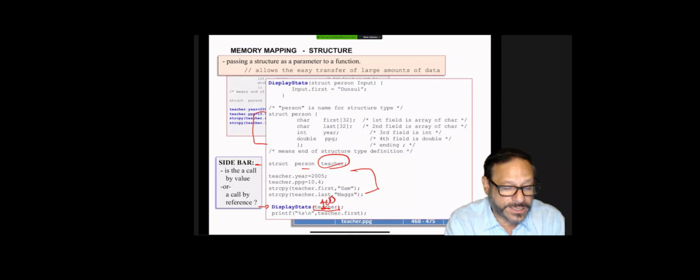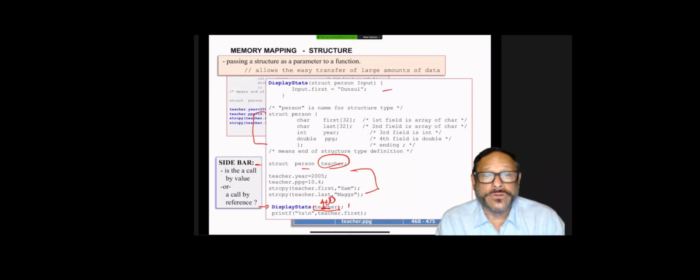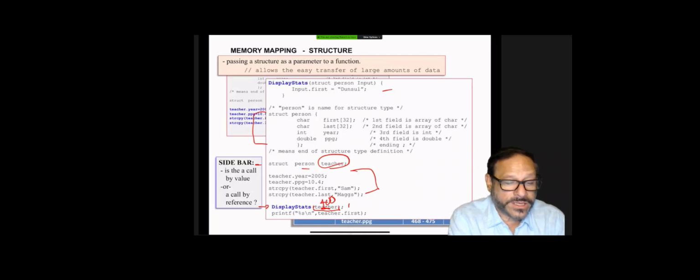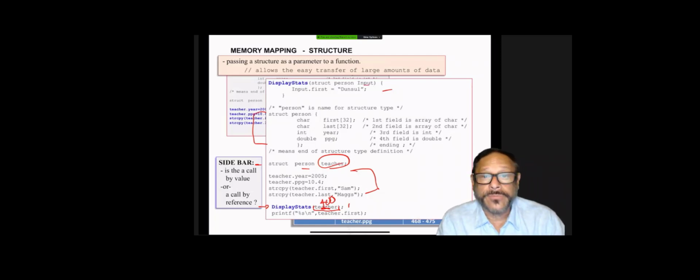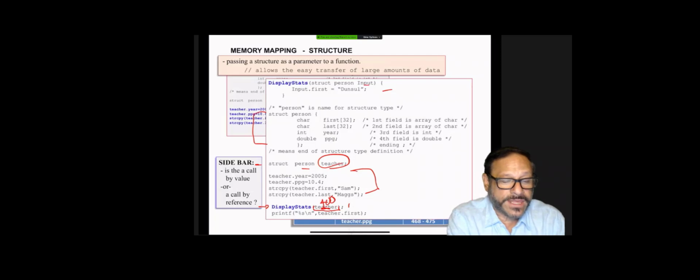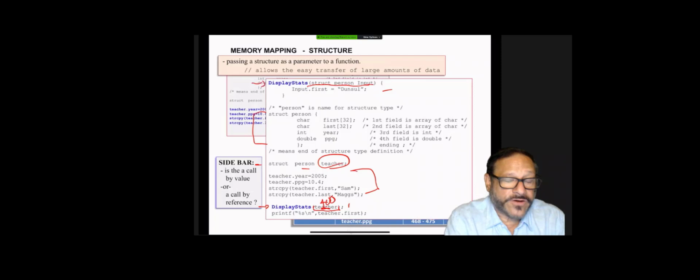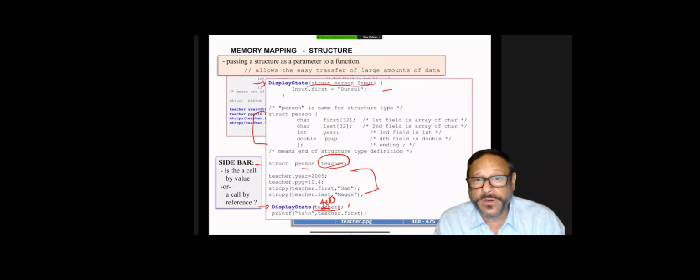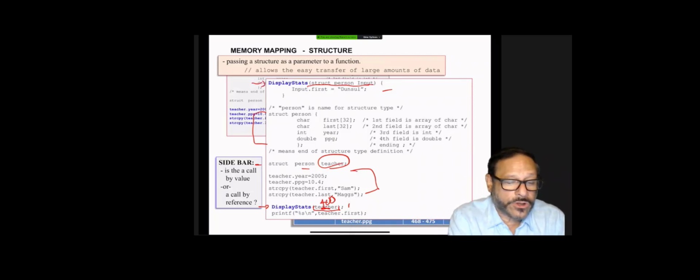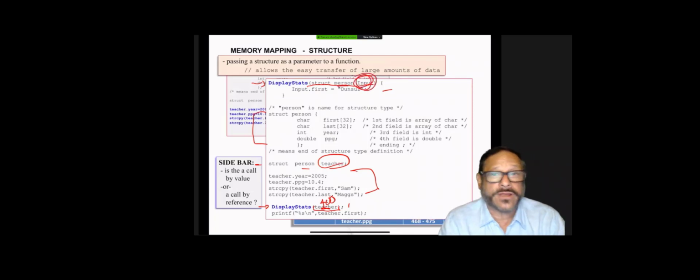So that's going to get passed to here. So this is going to go here. We get struct person input. What happens at this point then? This is a variable declaration and definition in one statement. The computer goes, we have a function, a new call frame is put on the stack. It is going to create a brand new variable called input of type person.